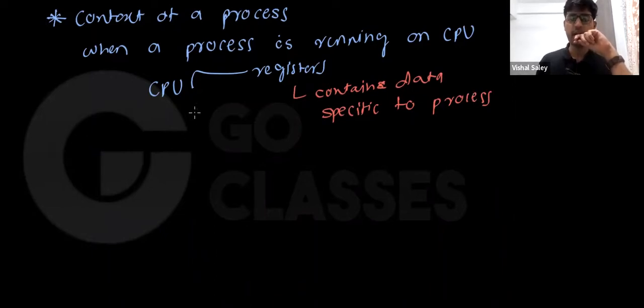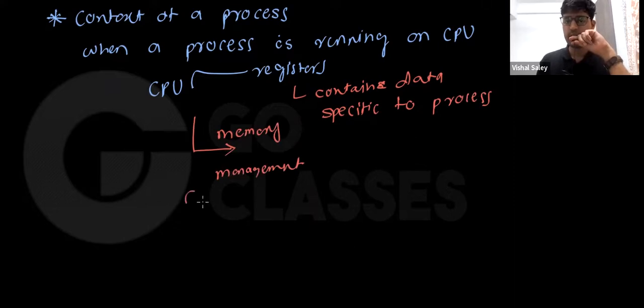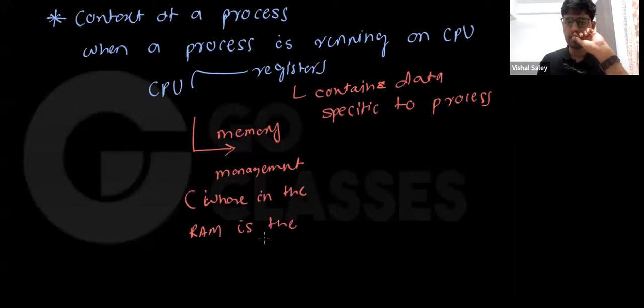Similarly, there are other components in the hardware also. For example, there are memory management details, right? Again, we won't go into details. So basically, this means, very superficially, where in the RAM is the running process.